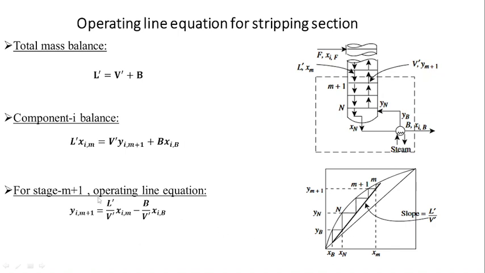So the slope of this stripping section operating line is L dash by V dash. If we draw a line from point xB to the equilibrium line with a slope L dash by V dash, we will obtain the stripping section operating line.